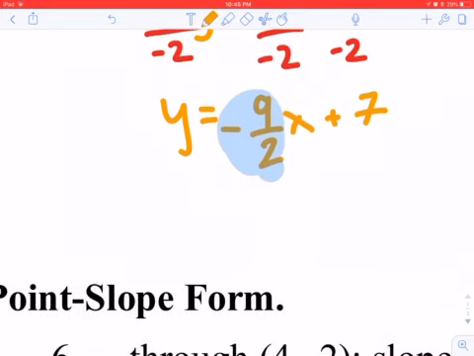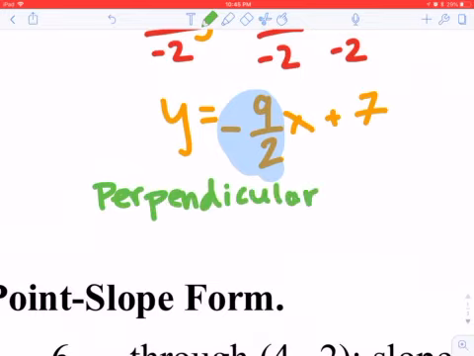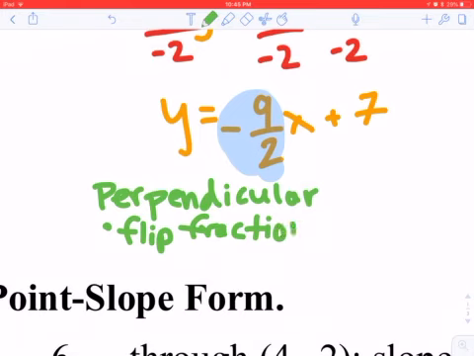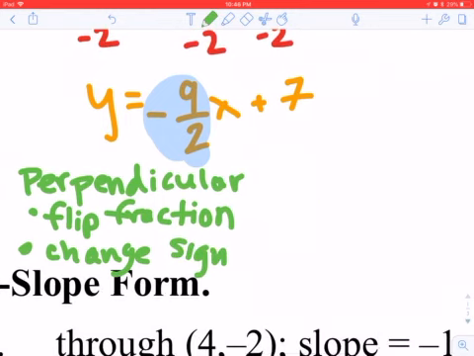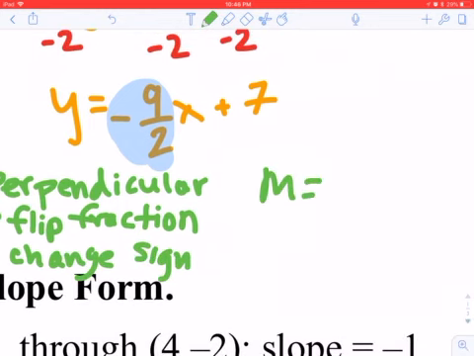And remember, perpendicular means first thing we gotta do is flip the fraction. And then we have to change sign. So then our slope for this one is going to be positive 2 over 9.